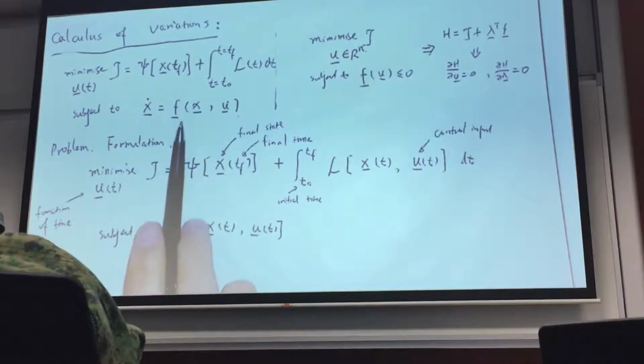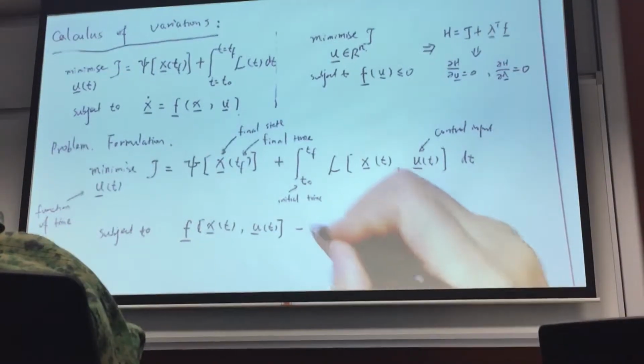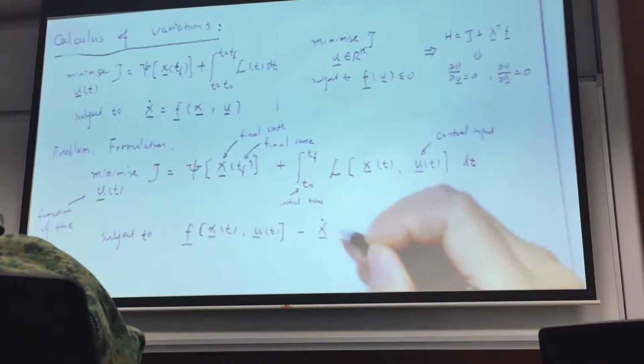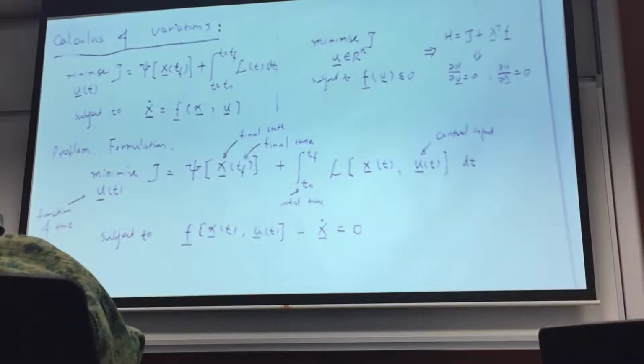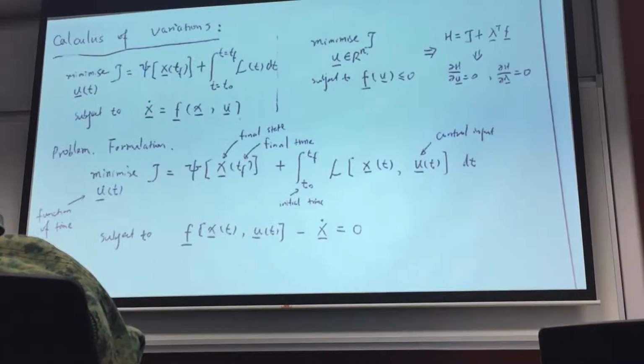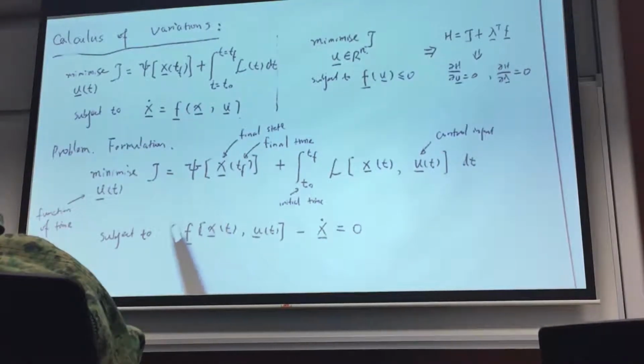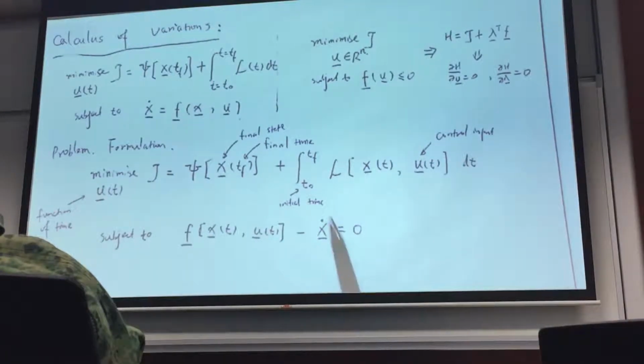So this f we define here, f minus x dot equal to 0. So now we have the standard format of a function equal to 0.